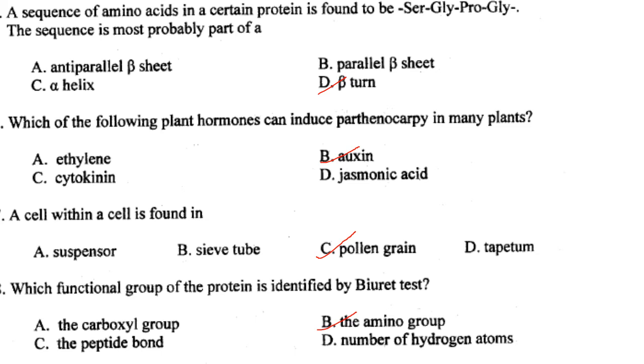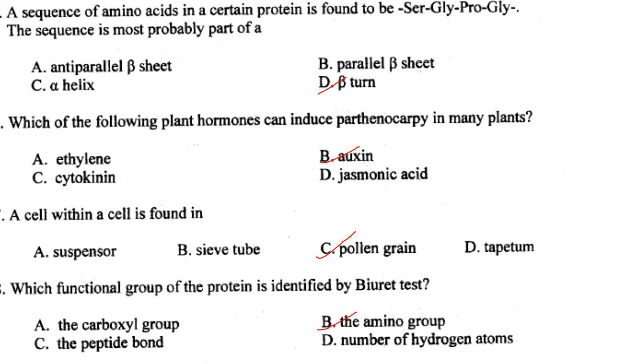Then next one. A cell within a cell is found in. So the suspensor is a supporting structure during plant embryo development that pushes the embryo proper into the endosperm cavity and connects it to the surrounding maternal and endosperm tissue to facilitate the transfer of nutrients and plant hormones.